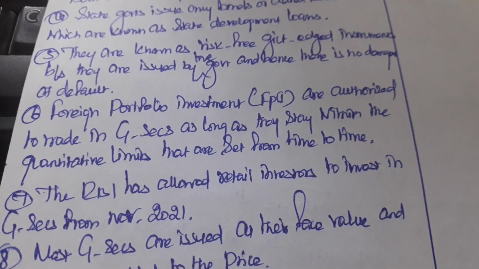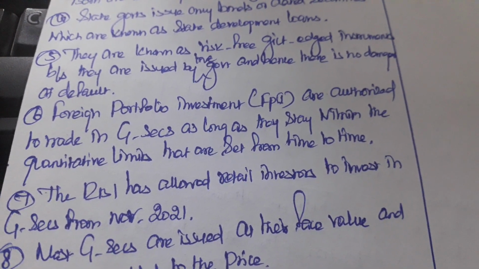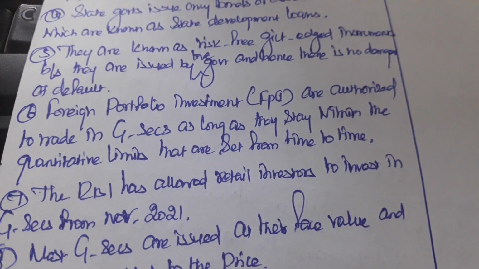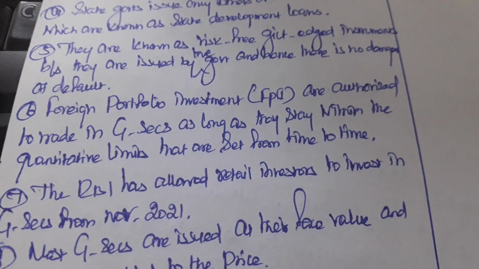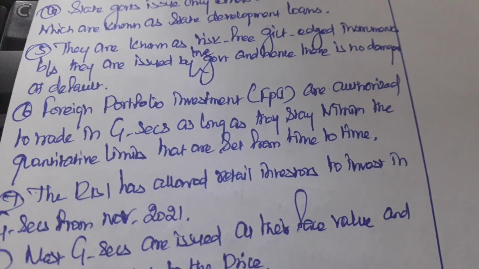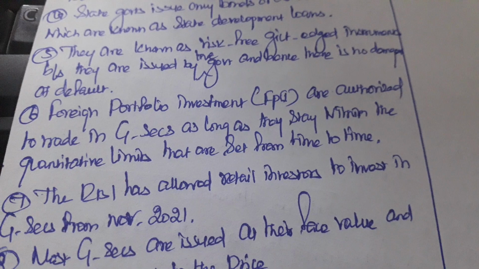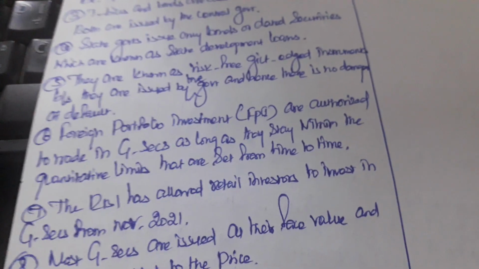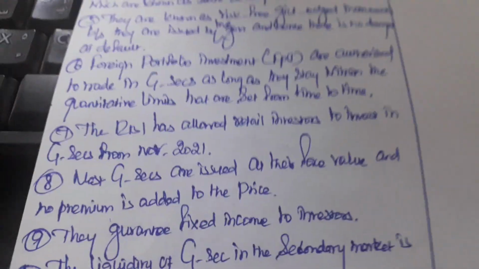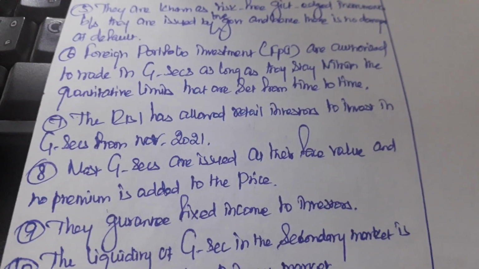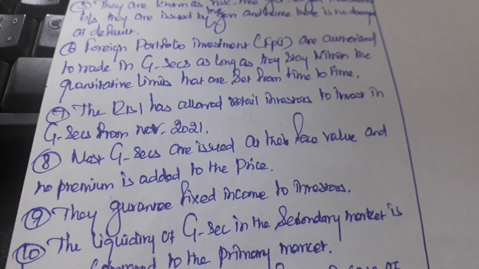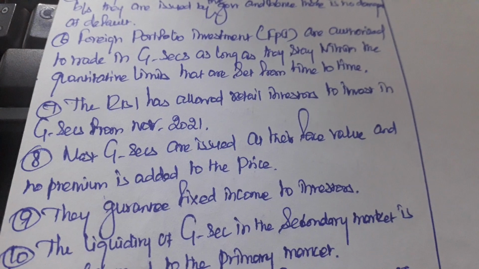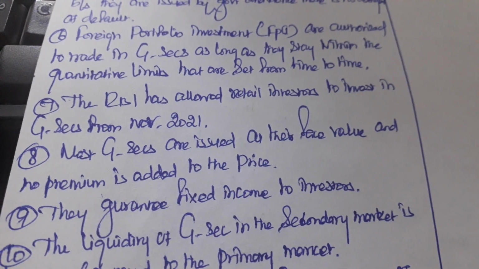Foreign portfolio investors are authorized to trade in government securities as long as they stay within the quantitative limits. They are set from time to time. The RBI has allowed retail investors to invest in government securities from November 2021.